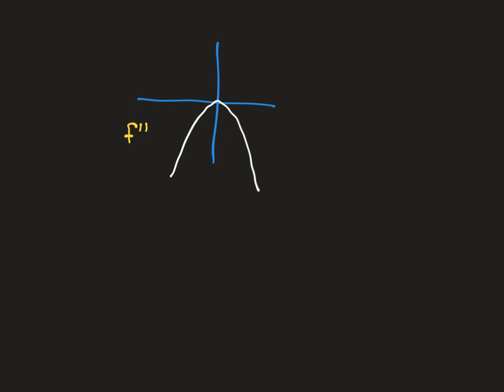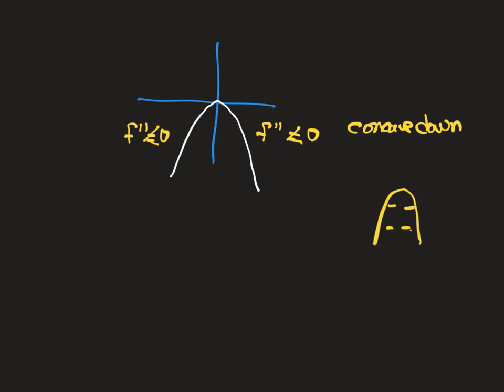Over here and over here, f double prime is negative. So this is negative, and this is negative because it's concave down. Right? Concave down is a frowny face, and a concave up is a smiley face.